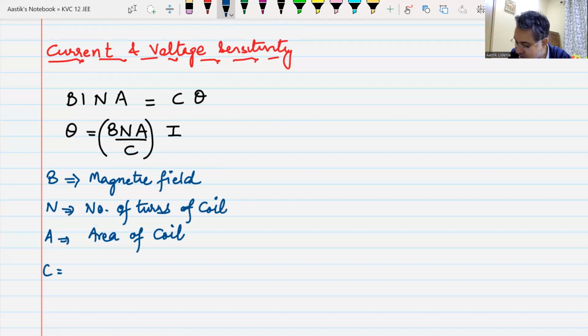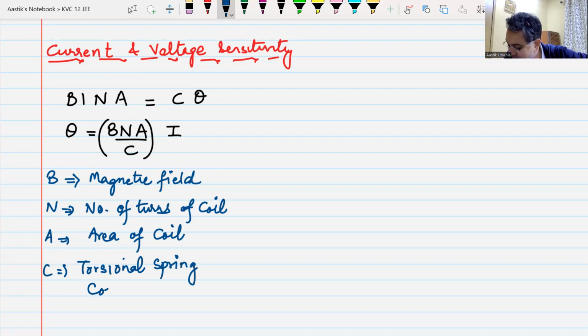C is known as the torsional spring constant. I must have told you about this torsional spring constant. The spring that is put here is known as a torsional spring. Now, a normal spring, if you extend it, exerts a force F is equal to Kx.